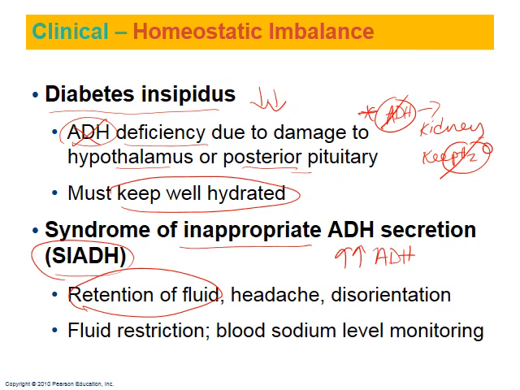This retention of fluid can lead to edema, right? Swelling. This can put pressure on your brain and cause headaches, disorientation. What are we going to do to try to fix this? We're going to restrict the amount of fluid that you consume. And we also are going to monitor your blood sodium levels. We want to make sure that that stays in balance for our resting membrane potential.